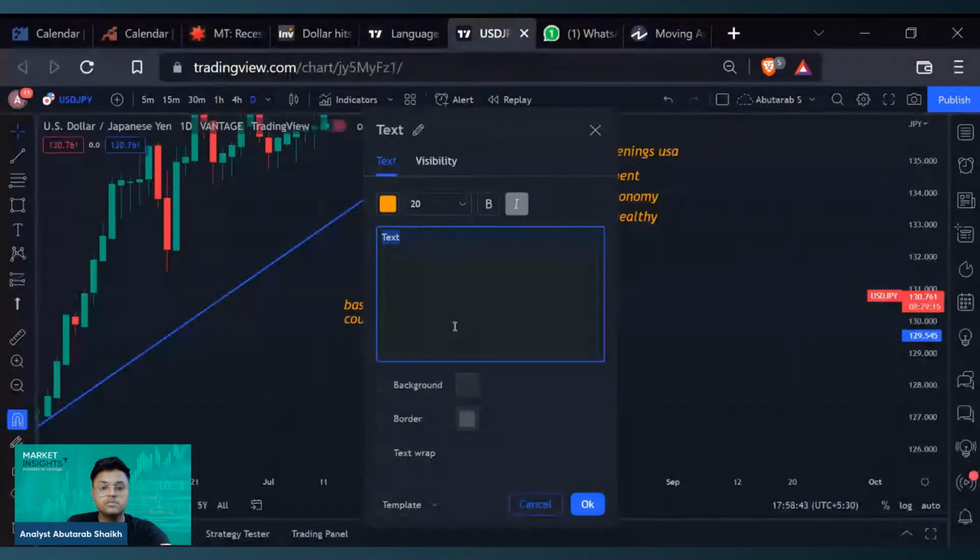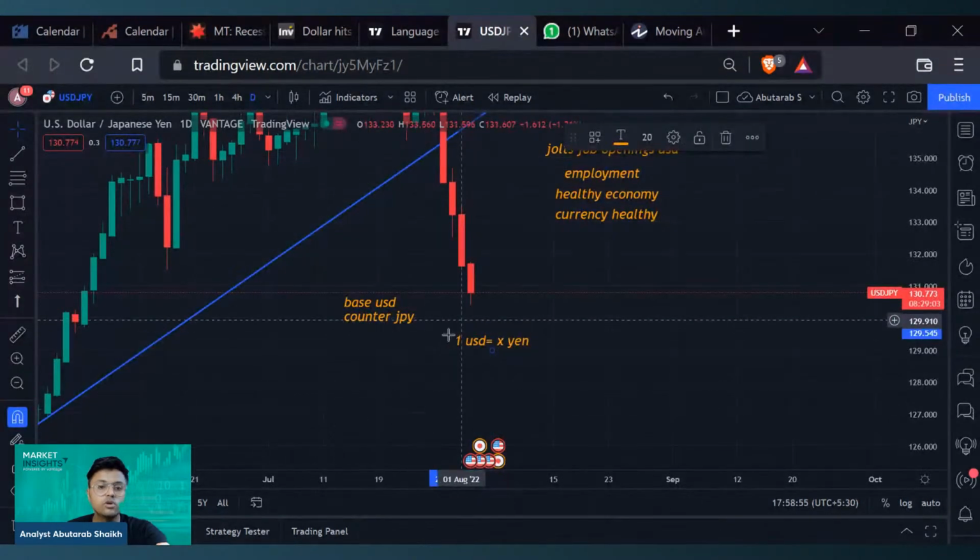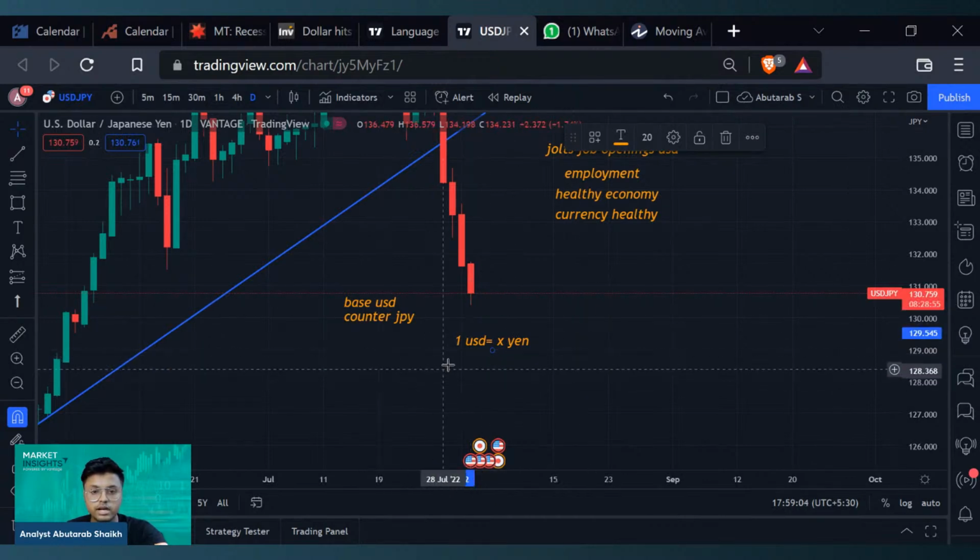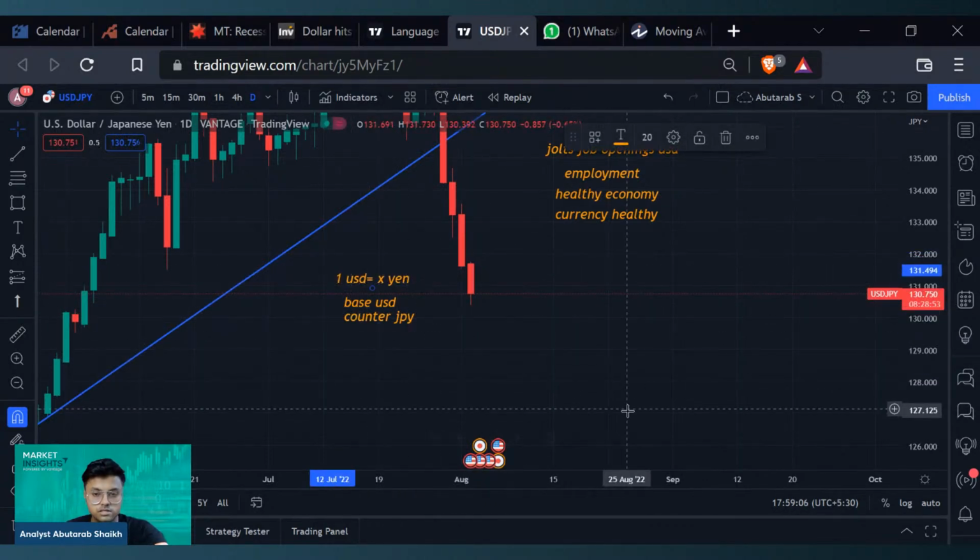This means nothing but one USD equals X number of yen. Yen means Japanese yen. So one USD equals how much yen? Currently 130 yen, 130.7775 yen almost, right? So this means this.